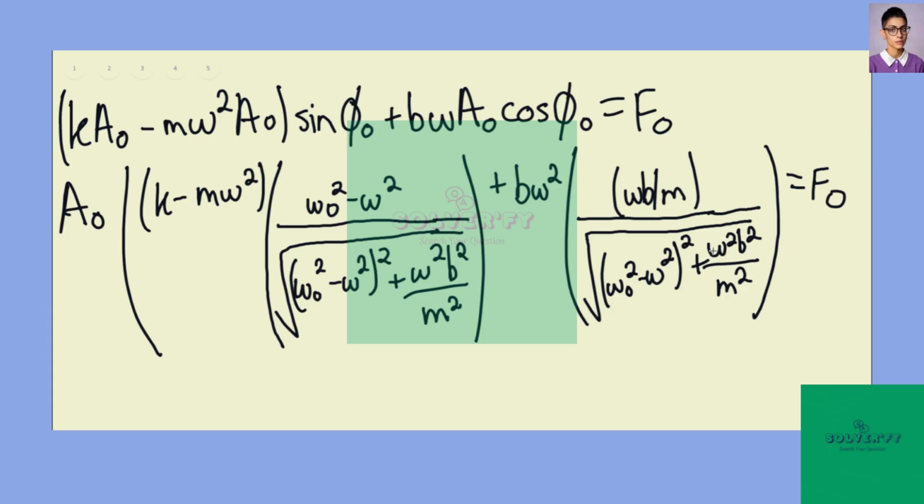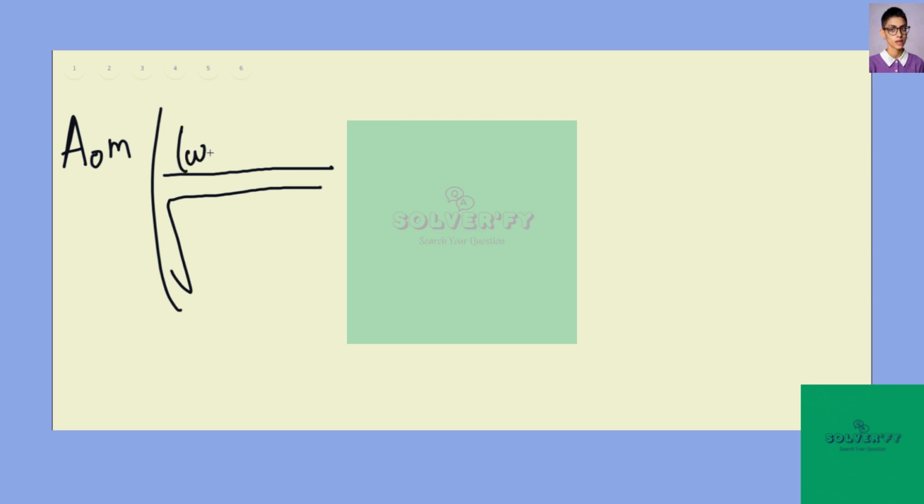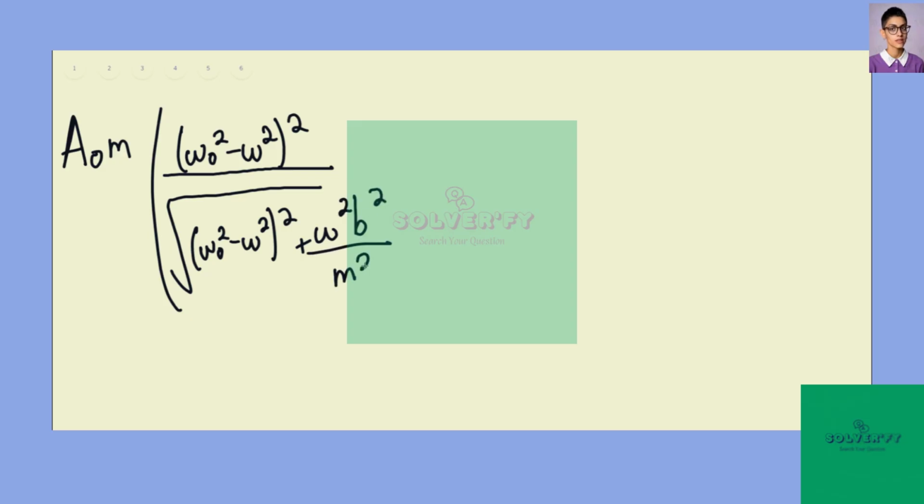And so at that point, we can factor out an m and say that A naught times m would be equal to omega naught squared minus omega squared quantity squared, plus omega squared b squared divided by m squared.